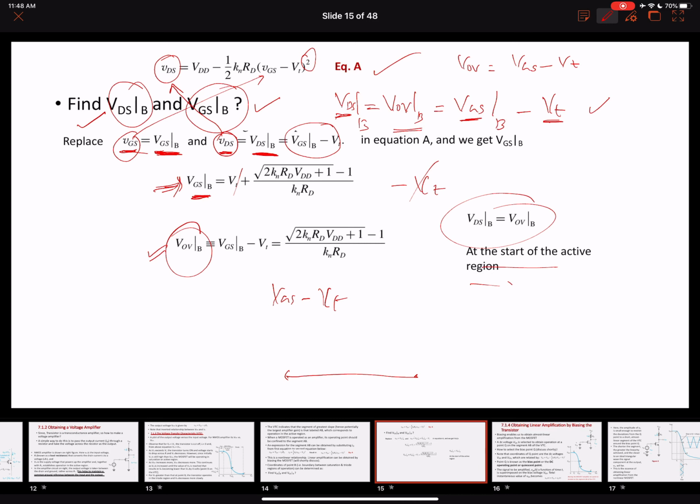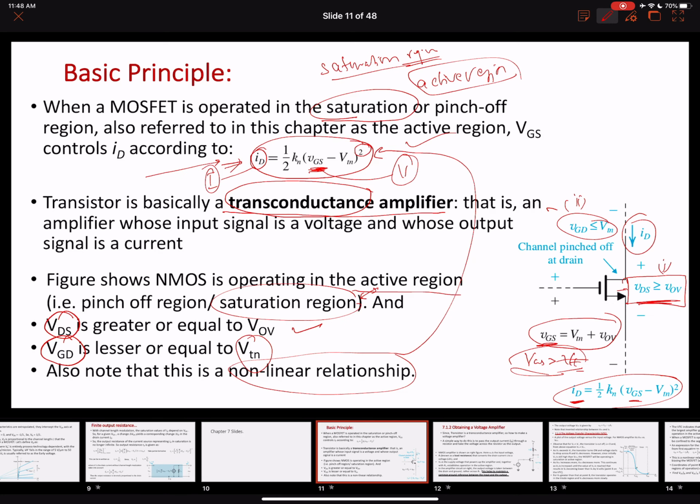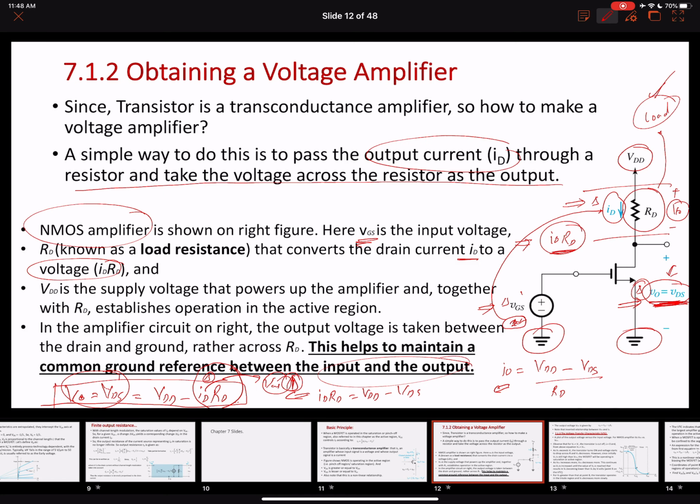lecture today. The main points of this lecture were that we saw how our transistor, an NMOS, which was a transconductance amplifier, can be converted into a voltage amplifier by passing that current through a load resistor.